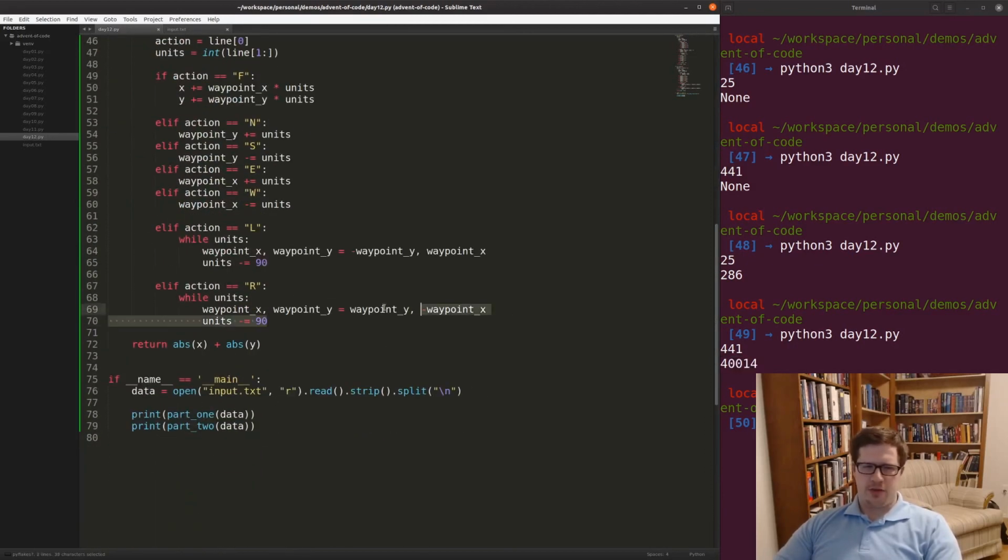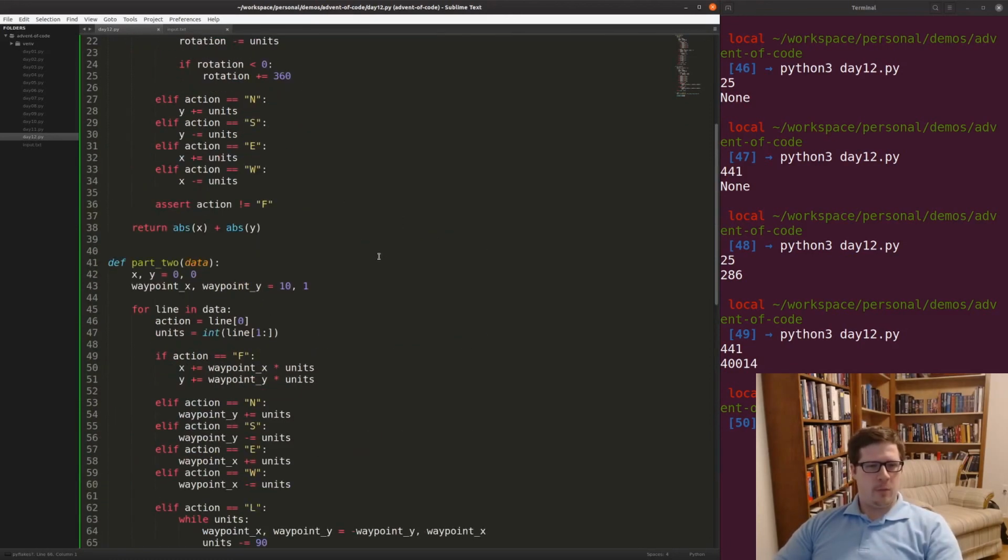The most interesting part, I think, was here with the waypoint. That was certainly interesting with the reversal of the x and the y, but I don't know. I just kind of want there to be a little bit more math, you know.